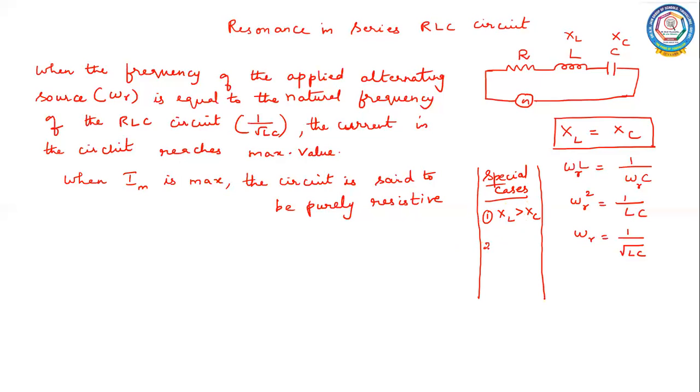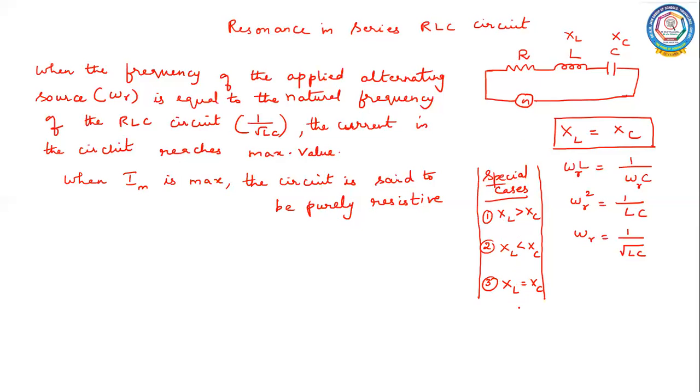The second case is when XL is lesser than XC, which means the capacitive reactance is more. In this case, the circuit becomes purely capacitive. In the third case, XL is equal to XC, the condition at which resonance occurs. Then the circuit is said to be purely resistive. These three cases we have already discussed in the previous video on the RLC circuit.